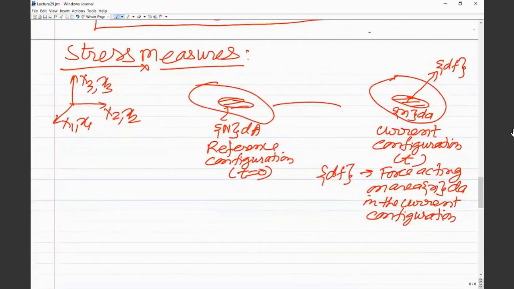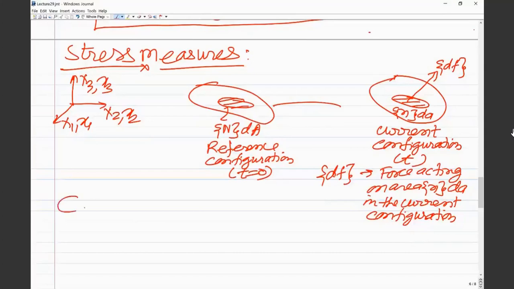Now if you look at the different stress definitions, Cauchy stress is when you define the traction based on the current configuration: the force per unit deformed area, force in the current configuration per unit current area.